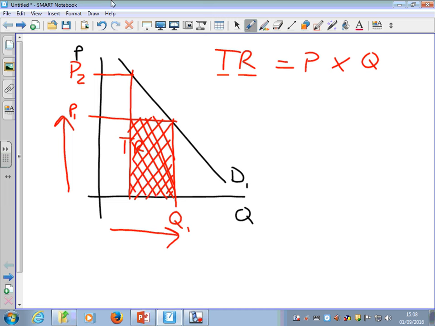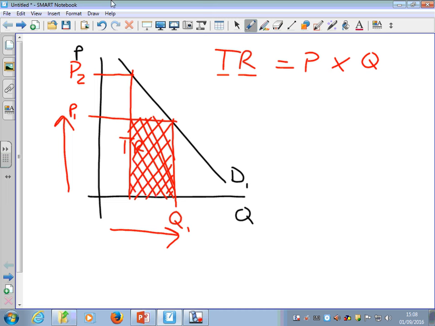Okay, so what we can now do with elasticity is to work out how elasticity will affect the revenue of a business. Let's think about a price inelastic demand curve first of all. What should firms do to their prices? Well, we've got this. Price inelastic demand. Okay, now if this firm starts off at P1, Q1. Now remember, this box, there, to there, to there, to there, is the total revenue the business earns, the price times the quantity.